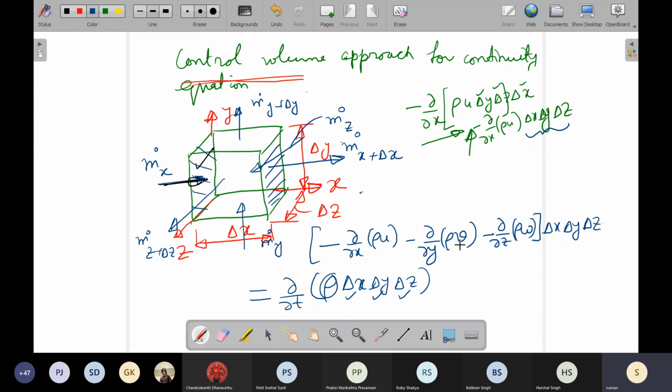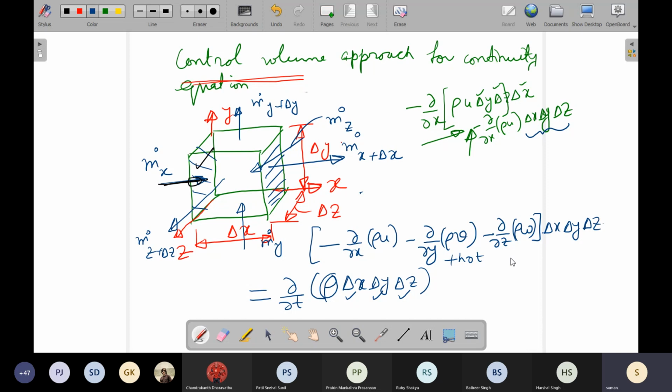You have to keep in mind, okay, higher order terms also get included, right. We have to keep in mind that the objective is to convert this description to the description at a point, because we want to derive a differential equation, and a differential equation is an equation which is valid at a point.